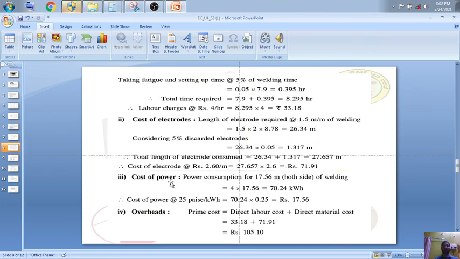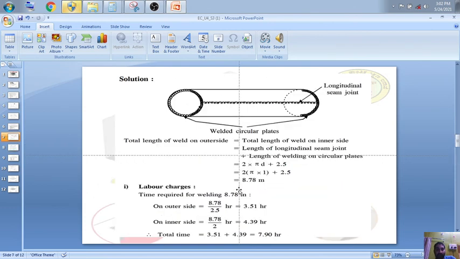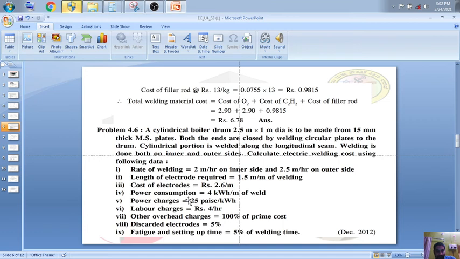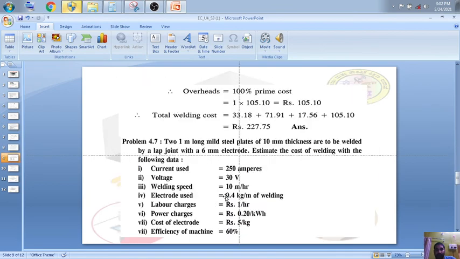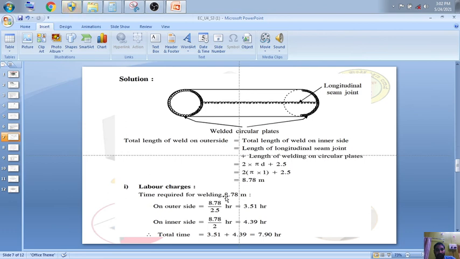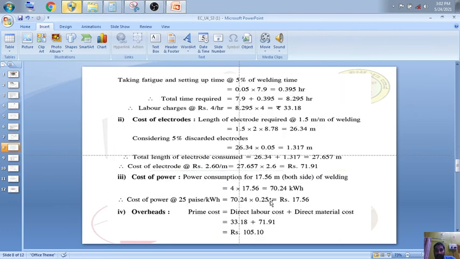So next, the cost of power consumption for the welding length, including both inside and outside, 8.78 into 2, that is 17.56 meter of total welding. In the problem he has mentioned that if you weld for 1 meter, we require 4 kilowatt hour.